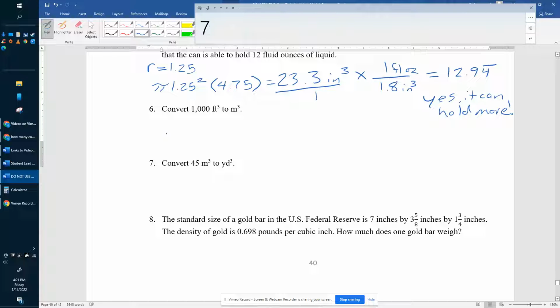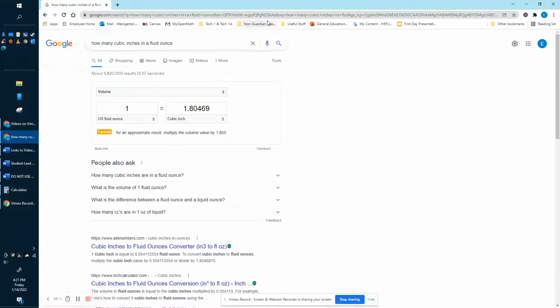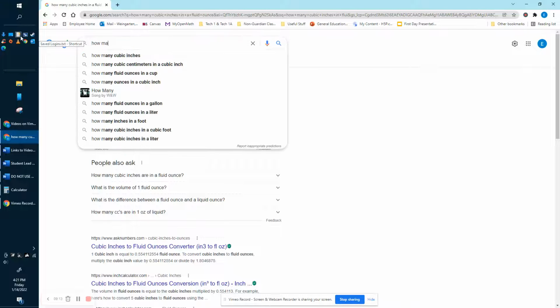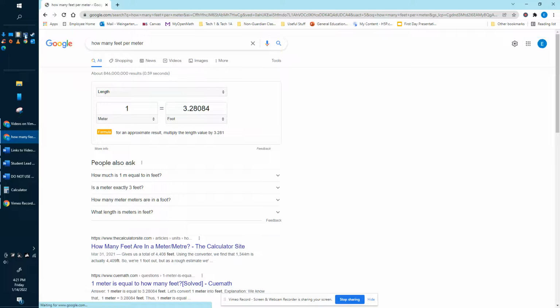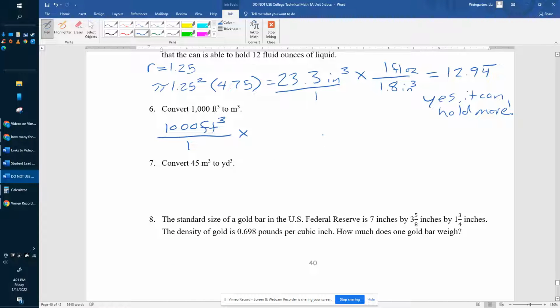All right, convert 1,000 cubic feet to cubic meters. So how many feet are in a meter? Gotta Google it. 3.28 in 1 meter.